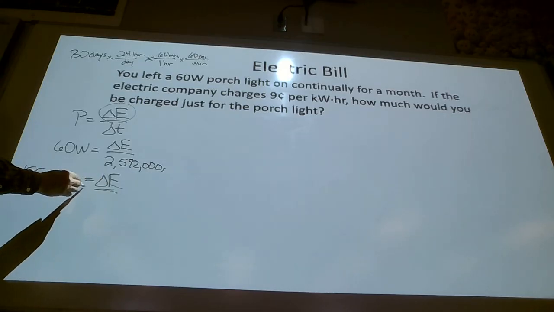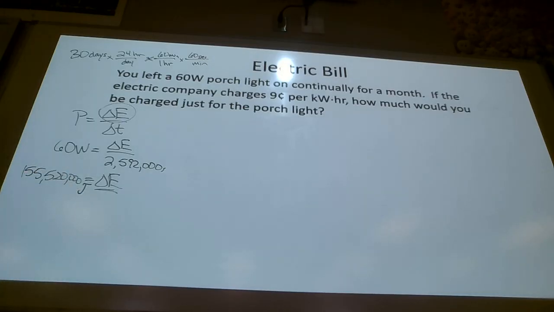Energy. Joules. Okay. One light bulb. You get charged for your electric bill per month. One light bulb.